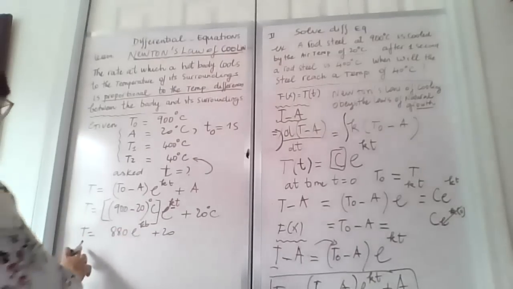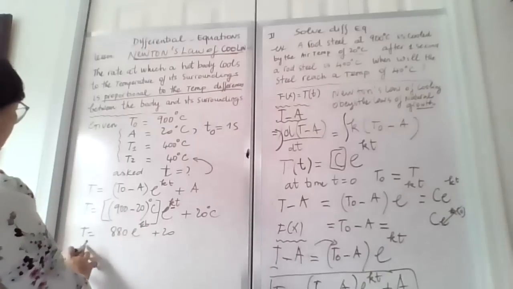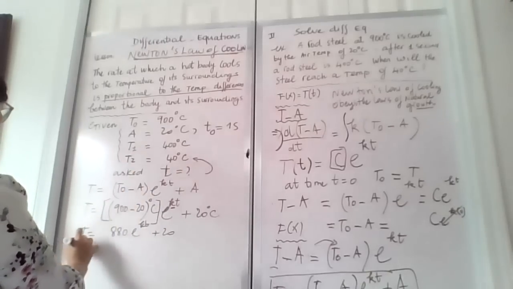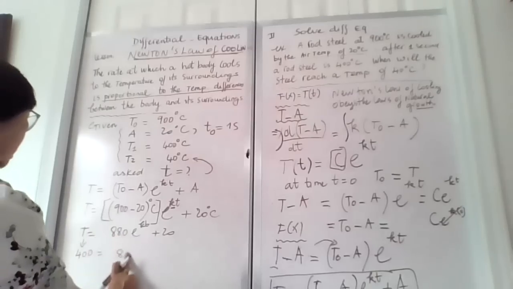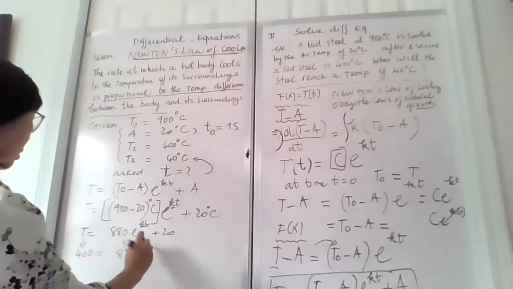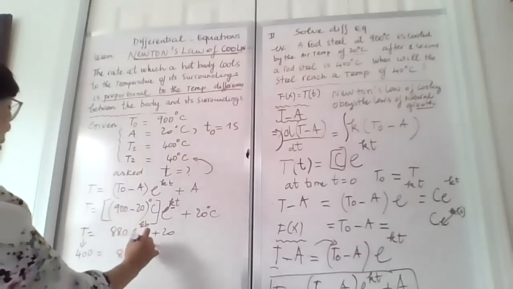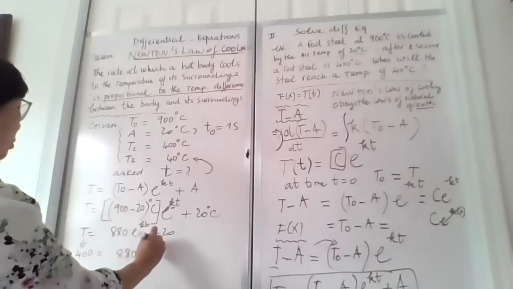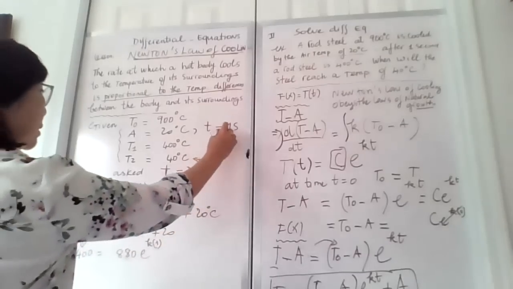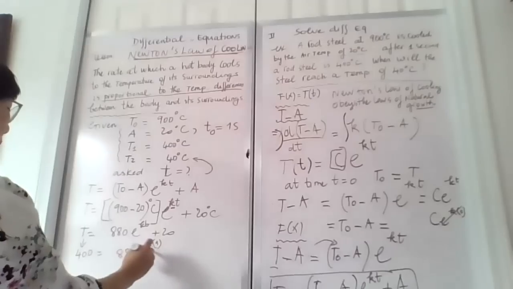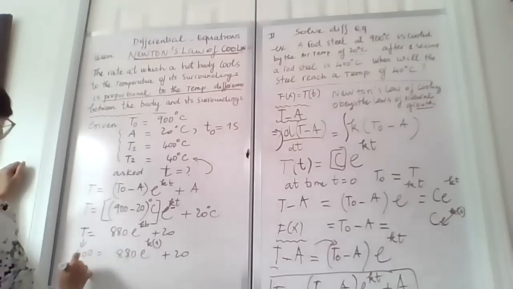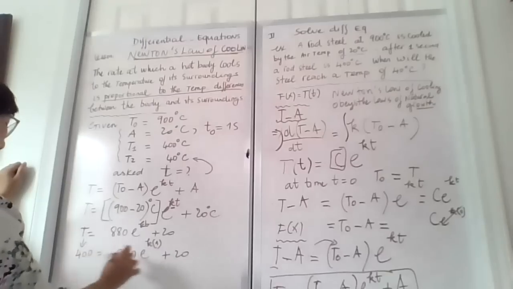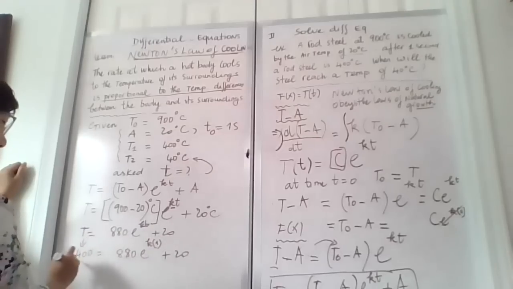Now we know that after 1 second, our T1 equals 400. So we're going to substitute this by 400. And e^(kt) here is just e^k, since the time is 1 second. So now we're going to solve this equation for K. I'm going to subtract 20 from both sides.